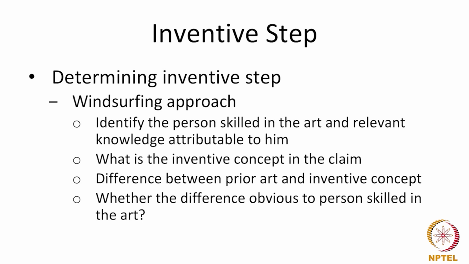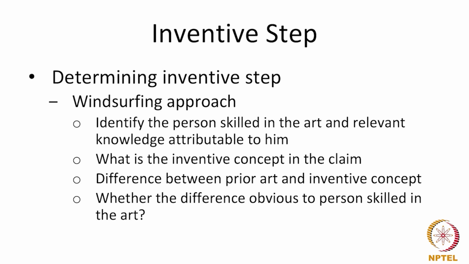It need not be knowledge that is documented, it can be knowledge which is known to that person or known to the people in that field. So, the first step is to identify the person skilled in the art and to identify the relevant common general knowledge that is attributable to him.